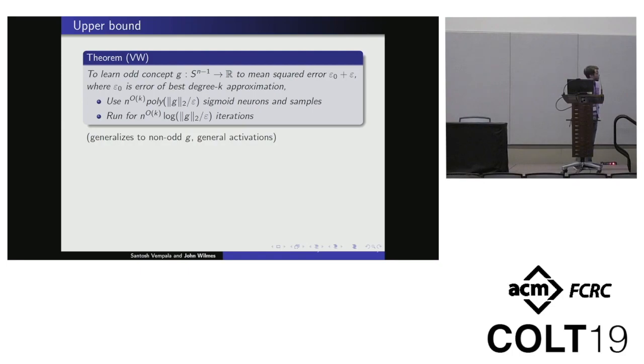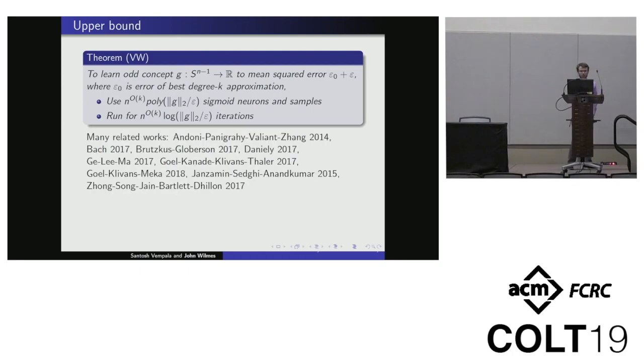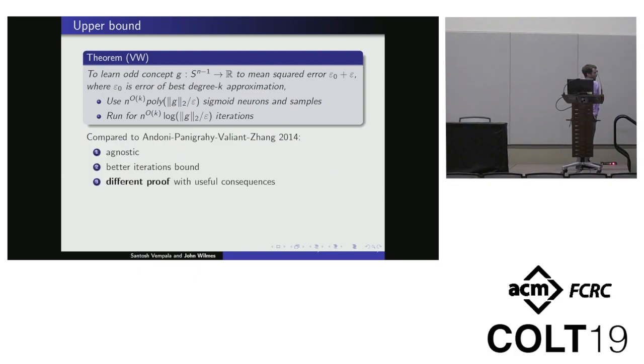There's a host of related works here, and I don't really have time to go into the details of all of them. Some of them, for example, consider algorithms other than gradient descent or other families of concepts. I do want to mention explicitly the work of Andoni, Panigrahi, Valiant, and Zhang from 2014 that also studied learning polynomials via training a neural network by gradient descent.